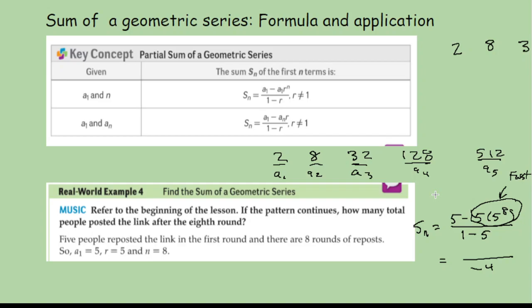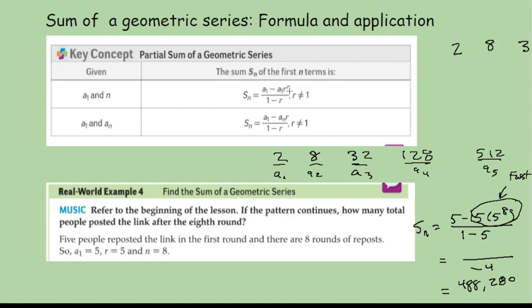And so I get negative 1,953,120, and then you divide it by negative 4. And when I do that, I get a total of 488,280 people reposted. Okay, so they're giving you what you need to use here. Basically, it's pretty much just plug and chug.